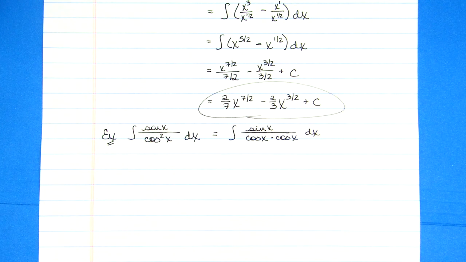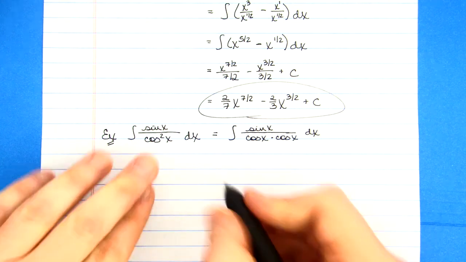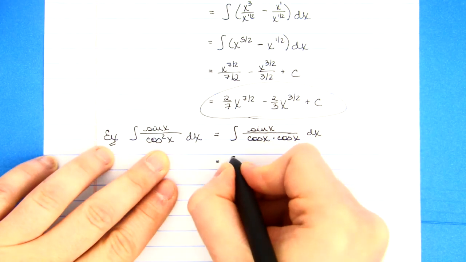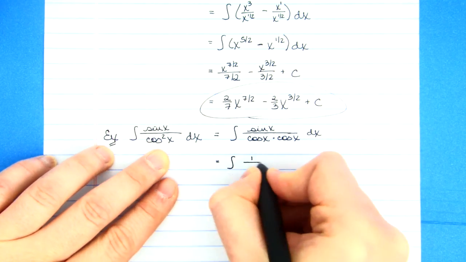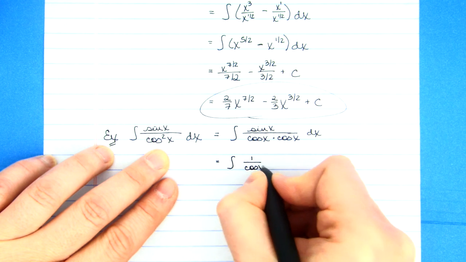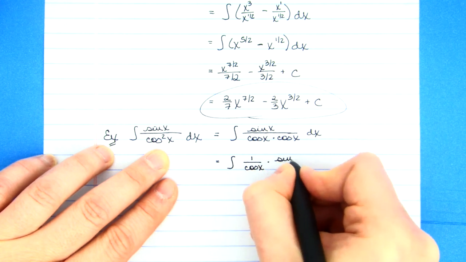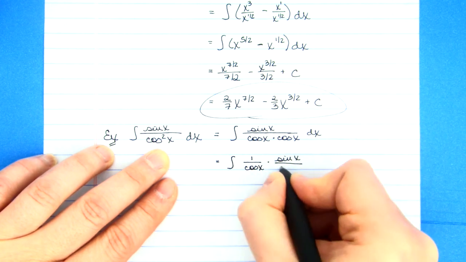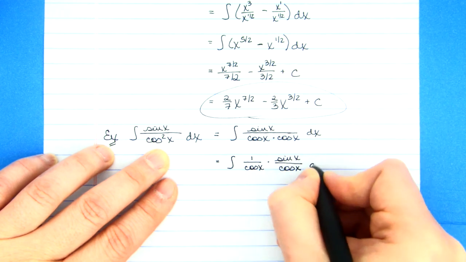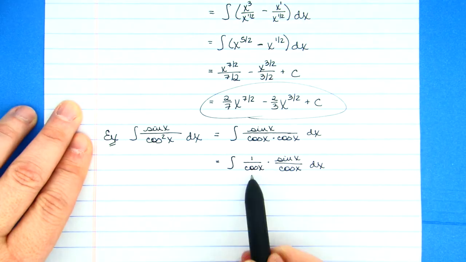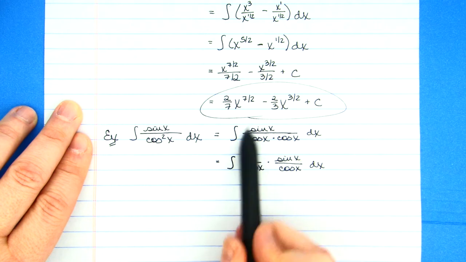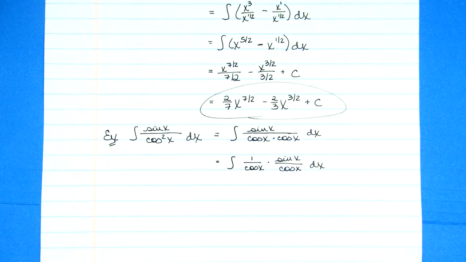That probably doesn't look so much more helpful. How about this? Couldn't I rewrite this as 1 over the cosine of x times sine x over the cosine of x dx? If you multiply these together, wouldn't you get this original problem back? Still not looking super helpful.